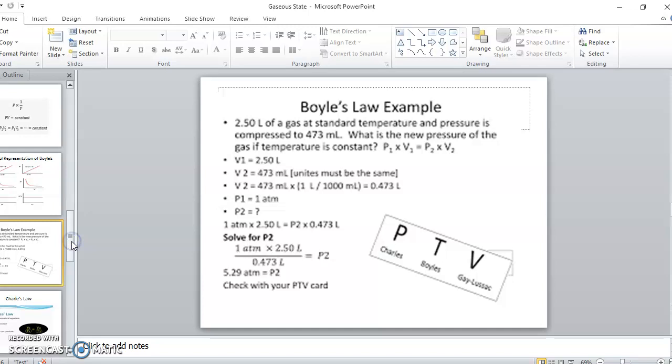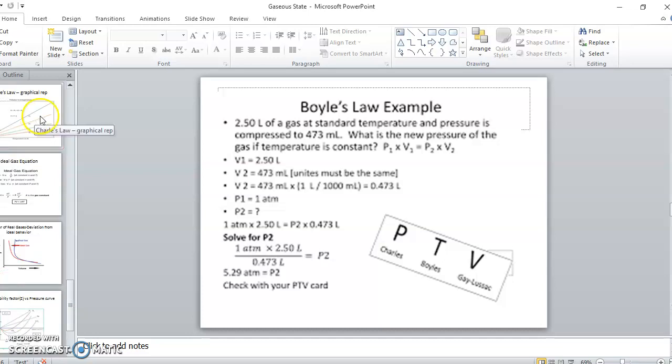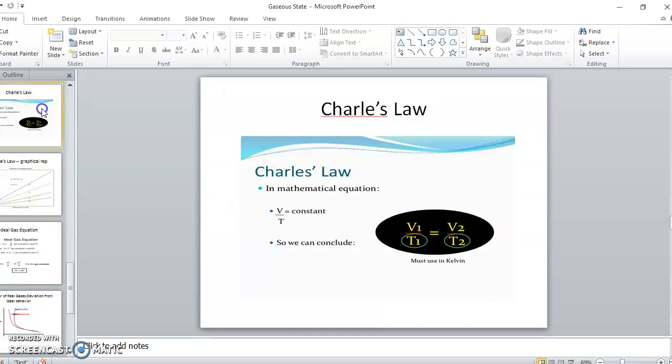Now we discuss the next gas law. It is Charles' law. Charles' law is a very simple relation between volume and temperature. It says the volume is directly proportional to temperature at a constant pressure for a fixed mass of the gas.